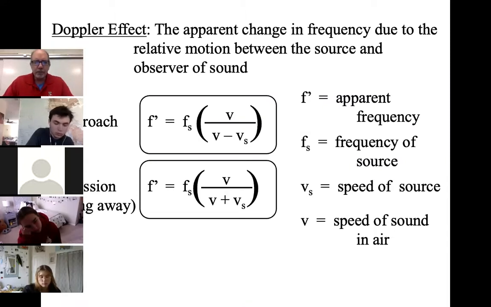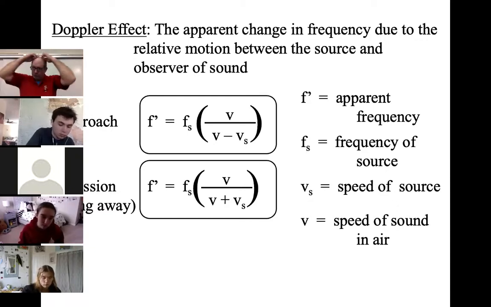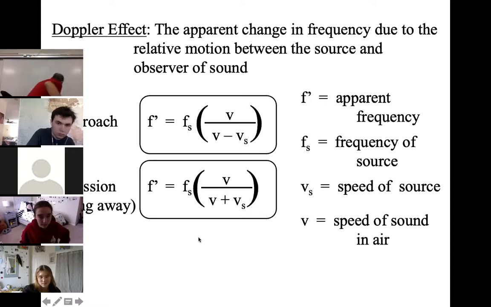And then there's a couple of equations down there that I'd like you to copy down. Now, actually, just get the definition down. No, actually, take down that whole screen.